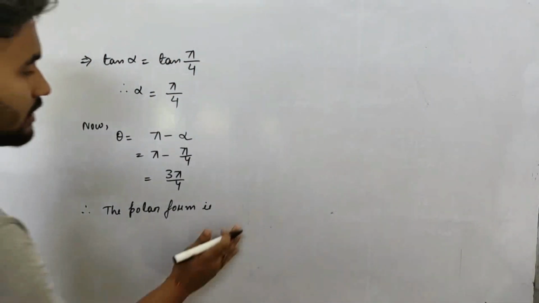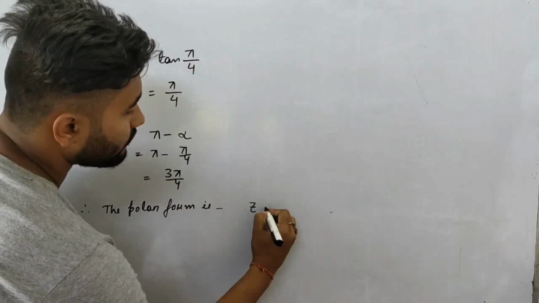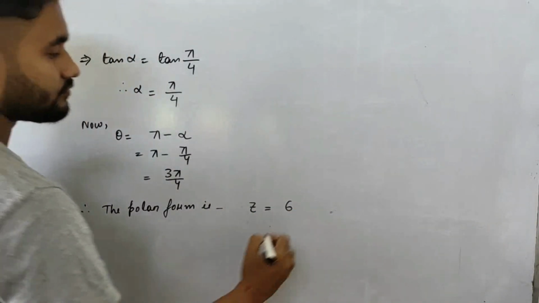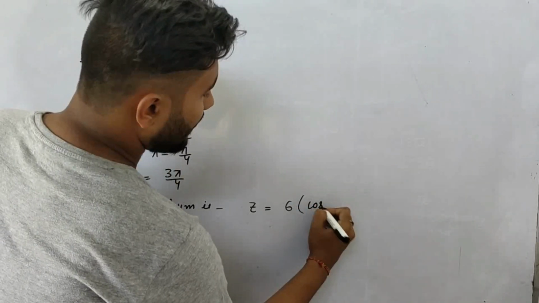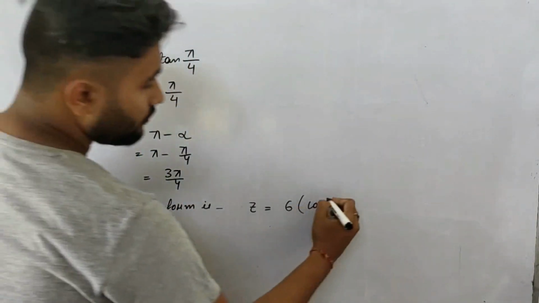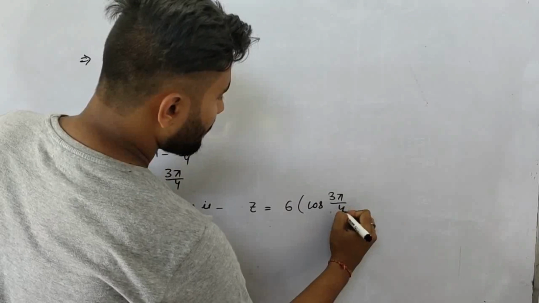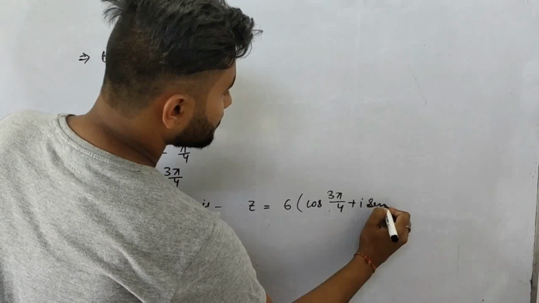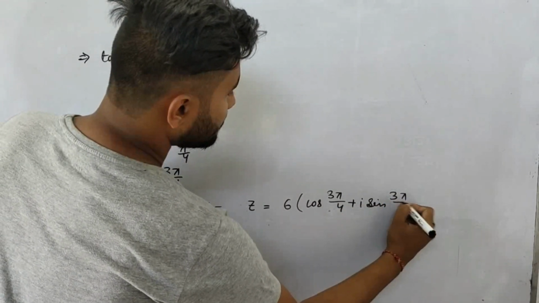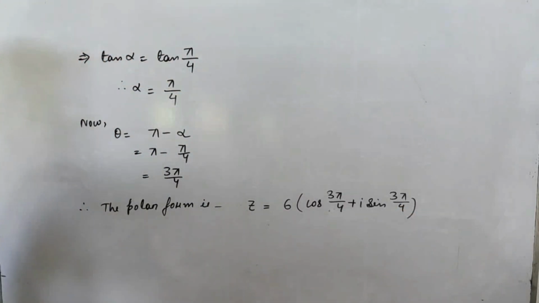R was 6, right? Z will be equal to 6 (cos theta plus i sin theta), what is theta? 3 pi by 4. So this is the polar form of this question.